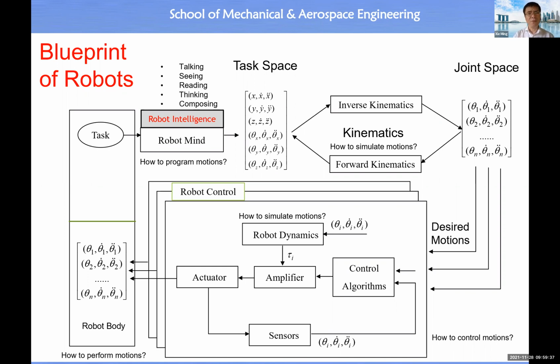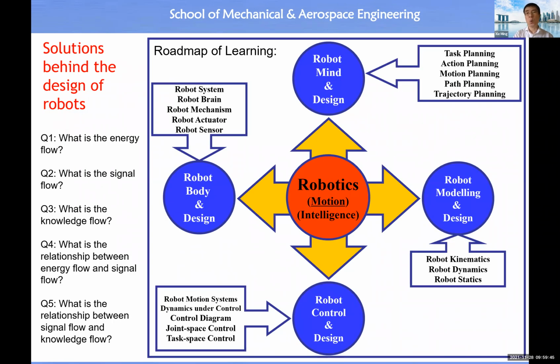Therefore, in order to draw out the detail of your robot's blueprint, you need to study all these topics which have been categorized into these 4 modules. For example, module 1 will enable you to design robot software.